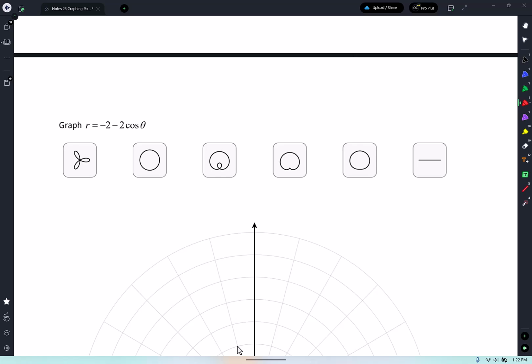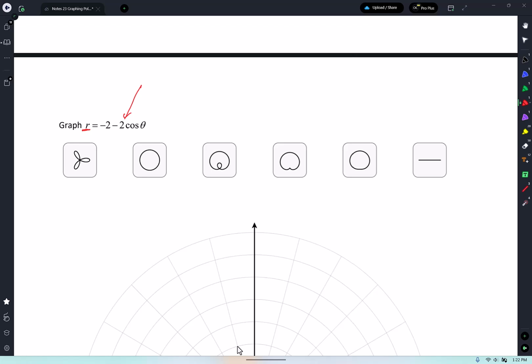Ask yourself this question. Does R ever change signs? Does it ever go from negative to positive or vice versa? Now think about it. The amplitude is -2. It will be 0, but it will never be positive. Do you guys see that?